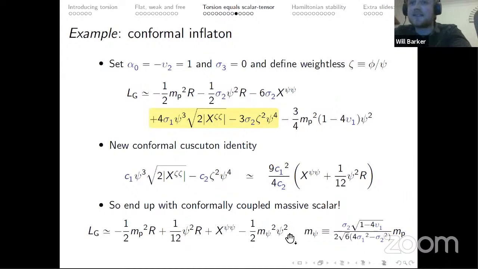So down here you can see this Einstein-Hilbert term and then a non-minimally coupled scalar field with this factor of 12 in here. The way this works is actually another Cuscuton identity. So the scalar tensor analog contains this non-canonical structure again, but we can get rid of it through another Cuscuton identity, and it all works out as being a very natural looking scalar tensor theory in the end.